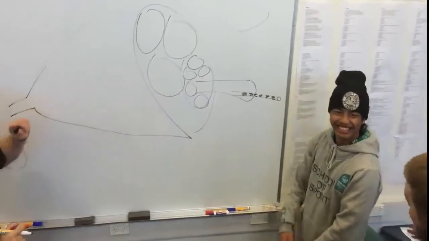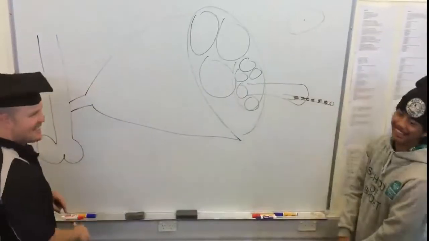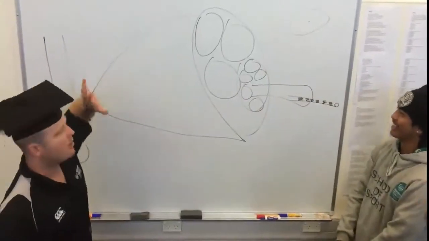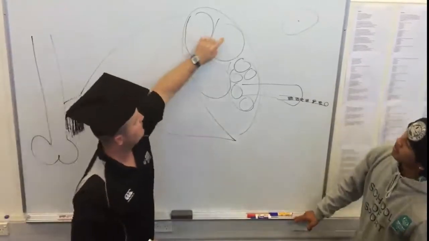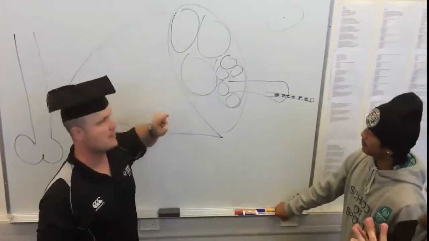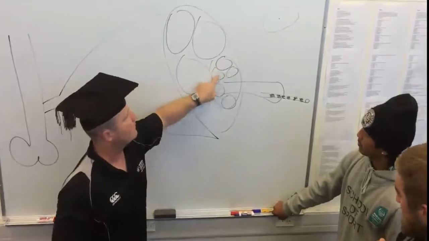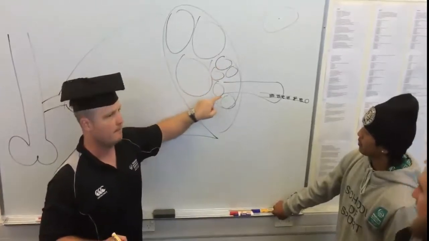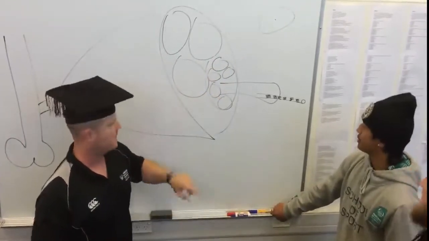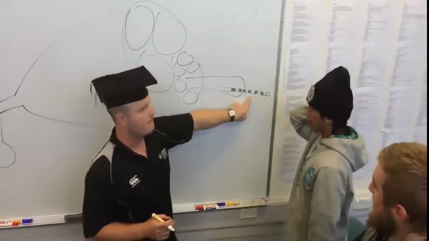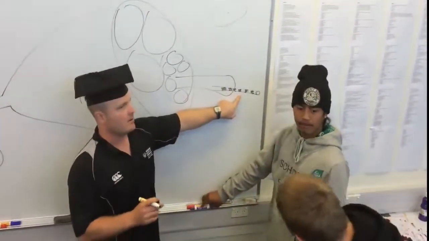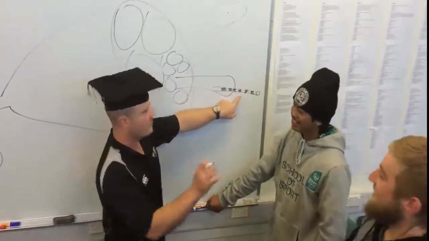So if we start from the biggest thing, the whole thing is the muscle. A muscle is broken down into many fascicles. Fascicles contain cells, which are known as muscle fibers. The special thing inside a muscle fiber that contracts is the myofibril.